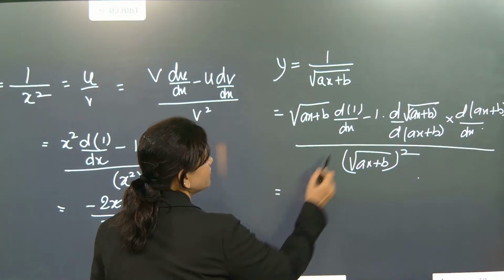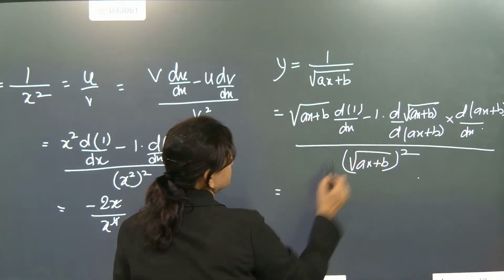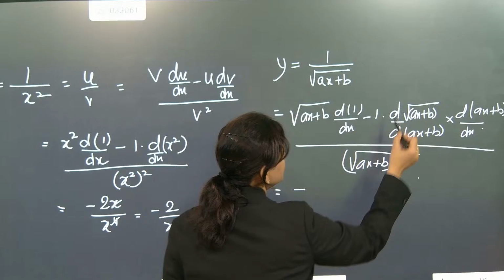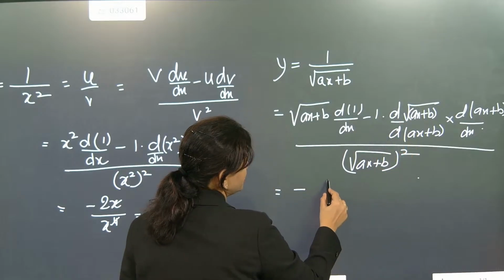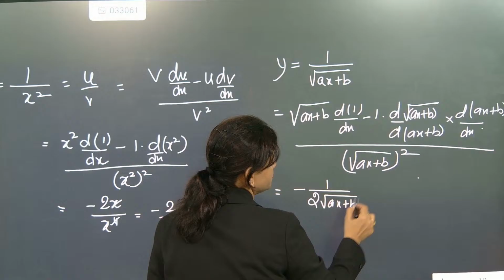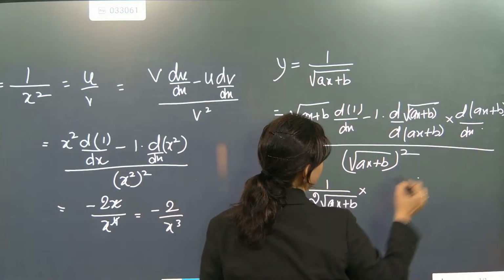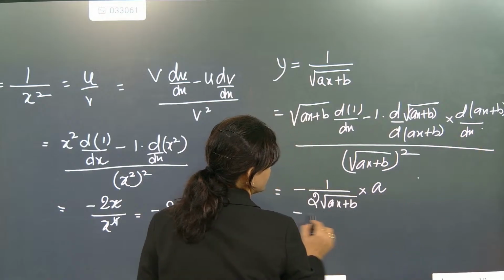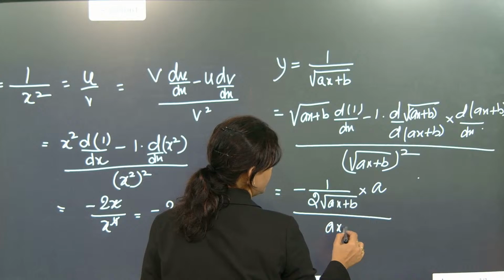So this part will become 0 minus root under, differentiation with respect to the same thing. It will become 1 by 2 root under ax plus b. And differentiation of ax plus b will give you a, by ax plus b.